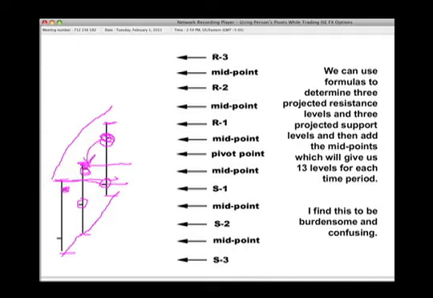Do you see what I'm drawing? The close has broken out of this past resistance area. I'm getting a little crazy with my drawing tool, sorry, but as this close is greater than those highs, it's showing that there was positive momentum, that this is a healthy, more bullish condition in the marketplace.